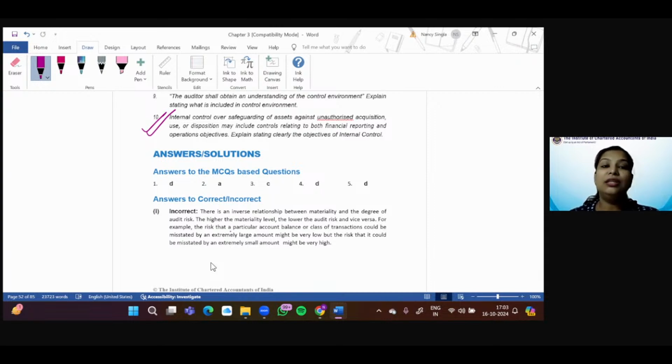So this question is basically asking about two things. First is what? About the safeguarding of assets with respect to financial reporting and operation objectives. So certain explanation about that. And then the objectives of internal control are to be stated. So tell me what answer comes to your mind.